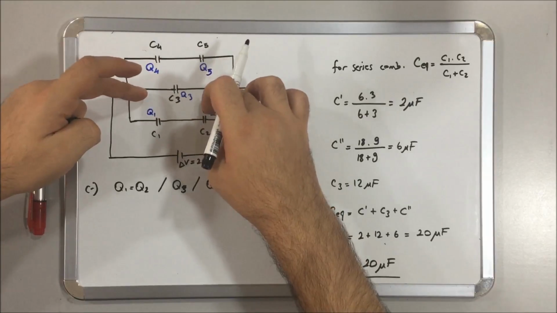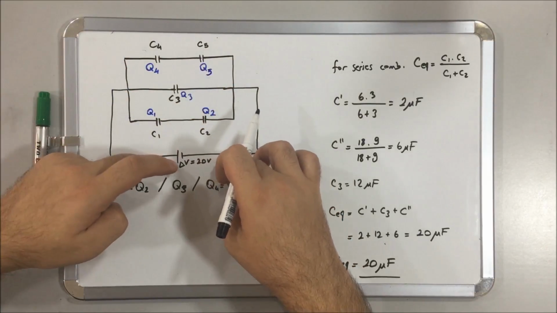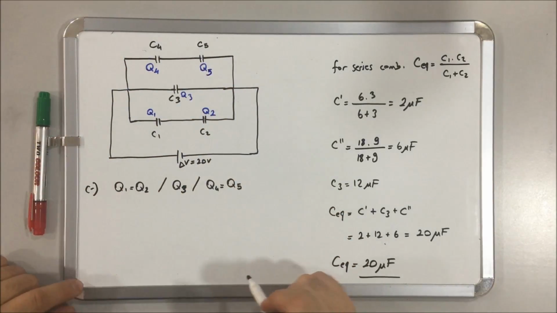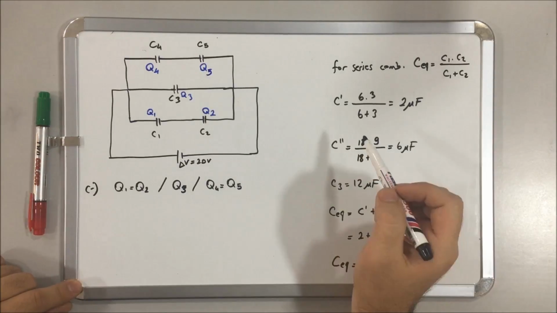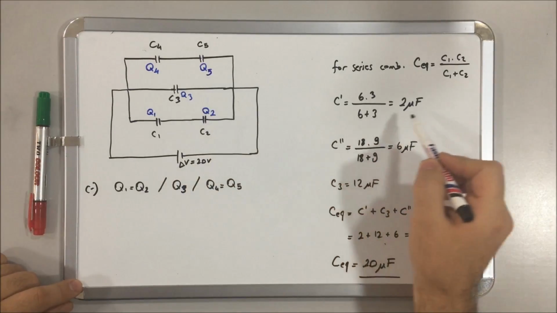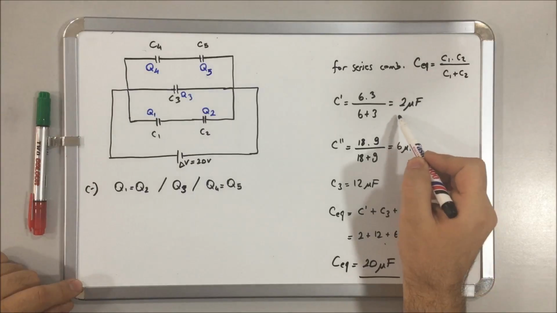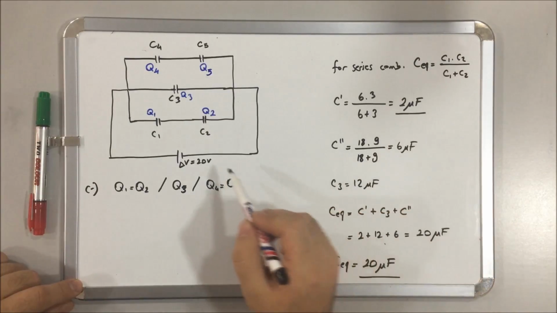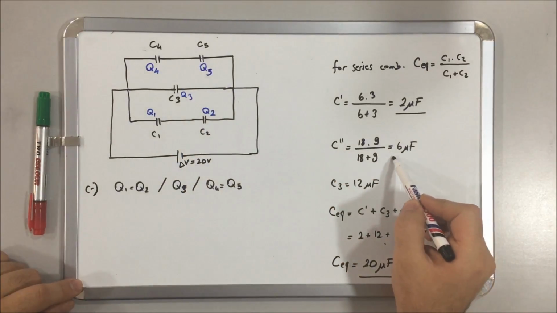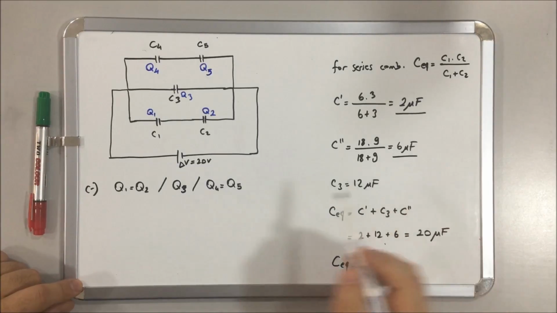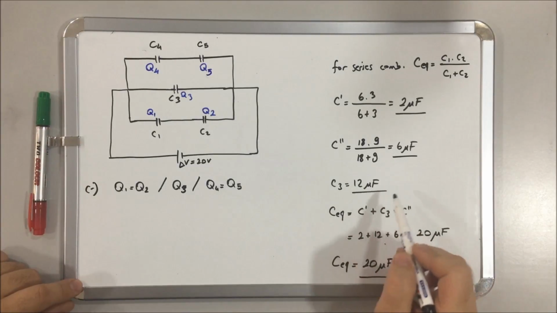And their potential differences are equal to the potential difference of the battery. For Q1 and Q2, I calculate the equivalent capacitance, and for Q4 and Q5 too. For the third one, the capacitance is given directly.